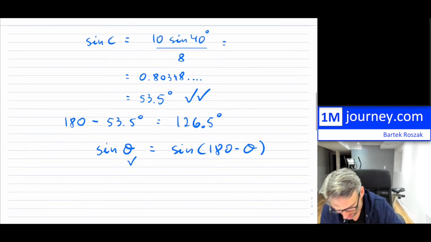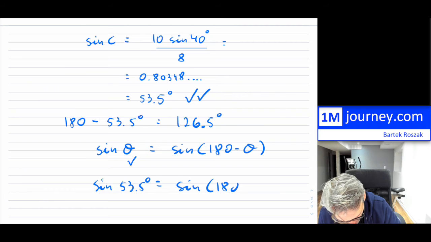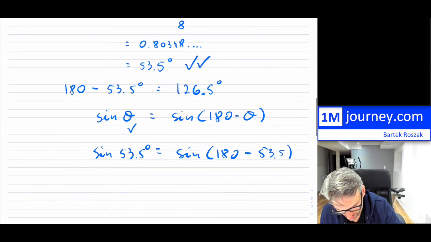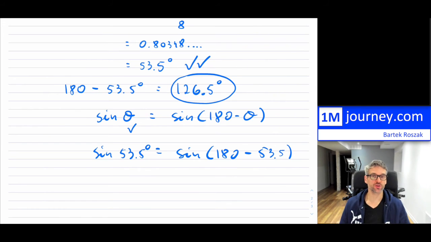So these are identical: sine of 53.5 equals sine of 180 minus 53.5. Now, of course, you don't have to believe me, you can check it, but from your unit circle, you should also remember that has to be true, in terms of those values.